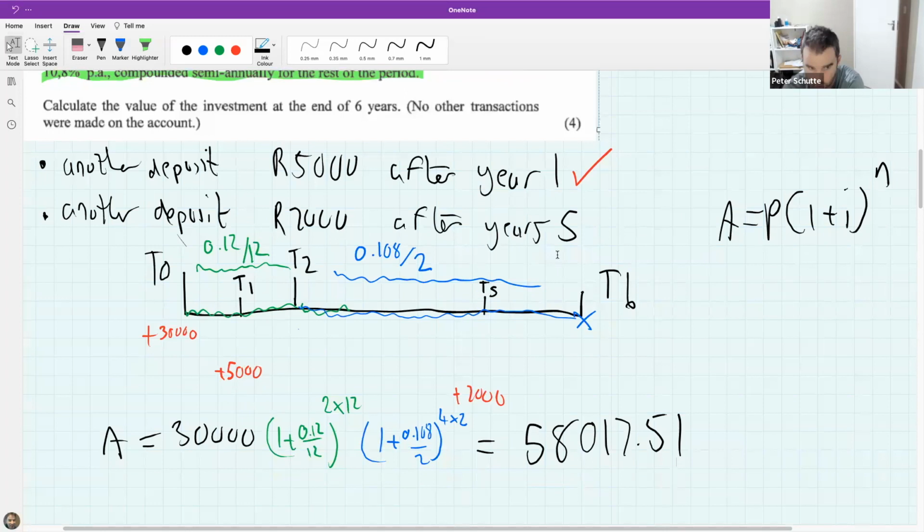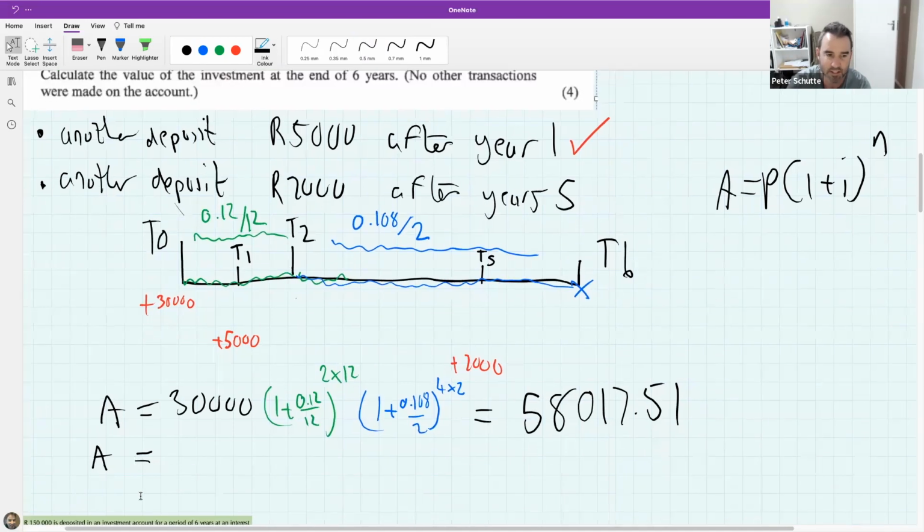What we need to do is we've dealt with the 30,000, but we still need to grow the 5,000 and grow the 2,000. Now, in the last lesson, I was putting these all on the same line, and there's nothing wrong with that, okay? But maybe for some of you, you want to do this in steps. So instead of writing them all in the same line, I'm going to do them as 3 separate things underneath each other, and then add them together at the end.